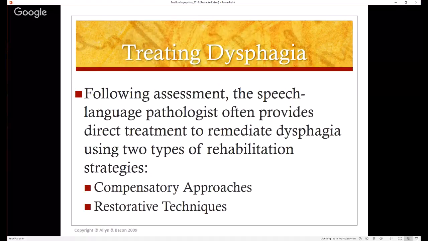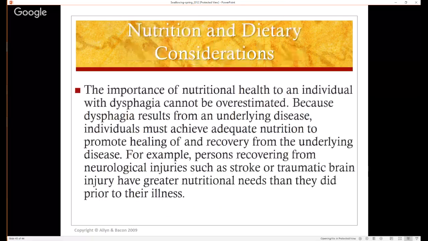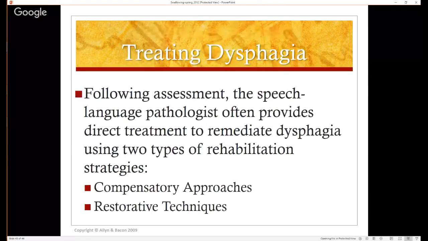Following assessment, the speech-language pathologist often provides direct treatment to remediate dysphagia using two types of rehabilitation strategies: compensatory approaches and restorative techniques. In compensatory approaches, strategies for a specific problem in order to make swallowing safer and more efficient will be used.